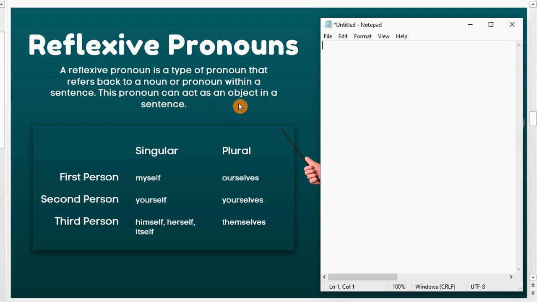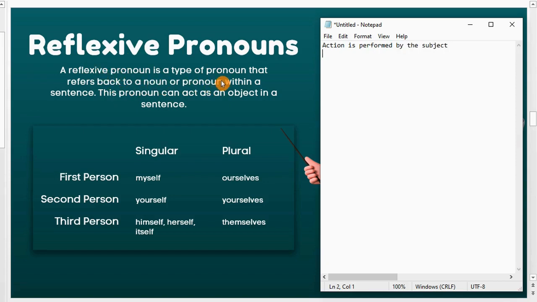This pronoun can act as an object in a sentence, which means that the action is performed by the subject. Means that the word here is back to a noun. What does back to a noun or pronoun mean?